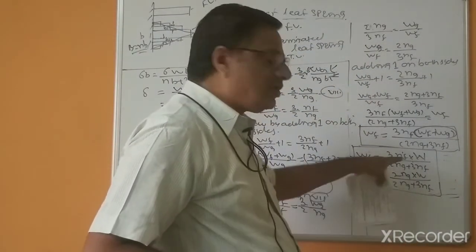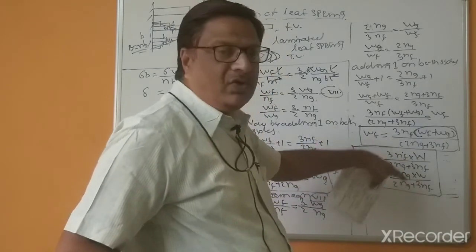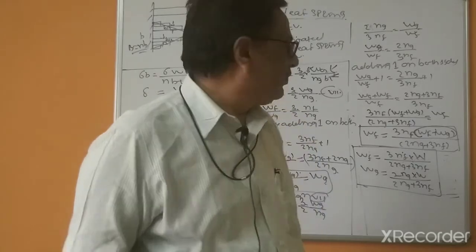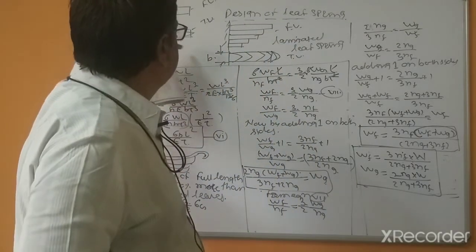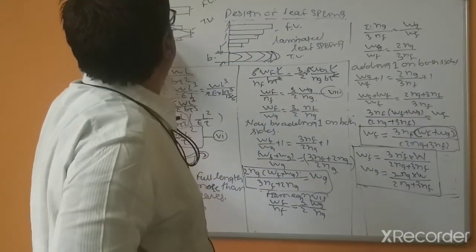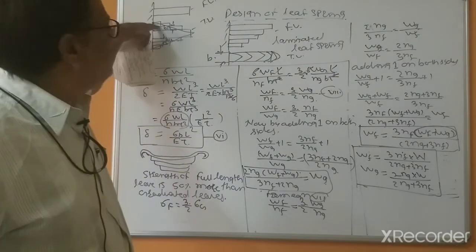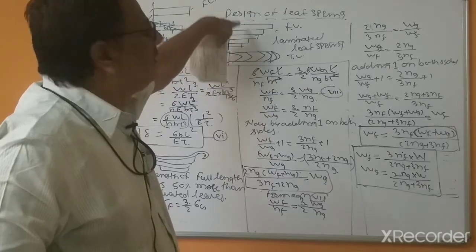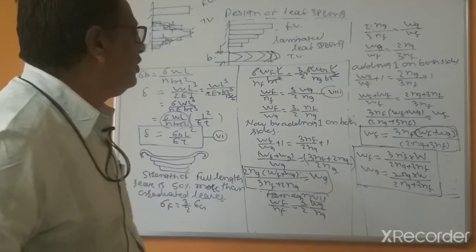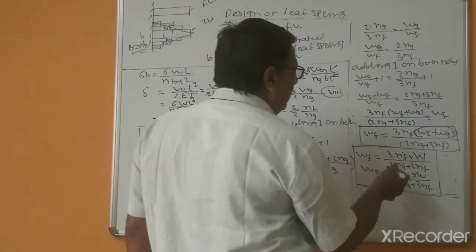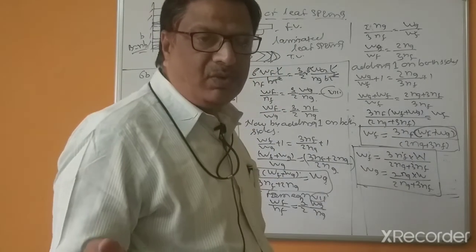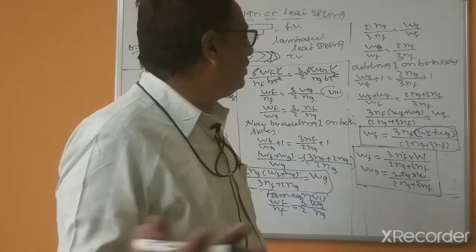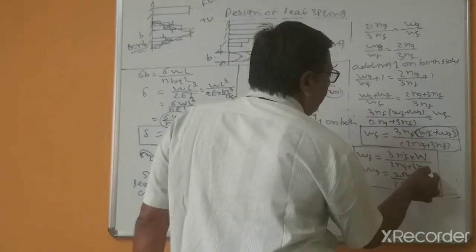If the total load is given, that load may be lateral loads or sideways loads, and we make arrangements for vertical loads. So we can calculate using this formula how many graduated leaves are required and how many full length leaves are required.